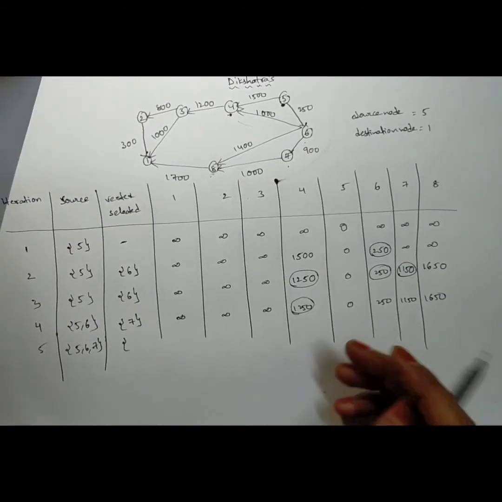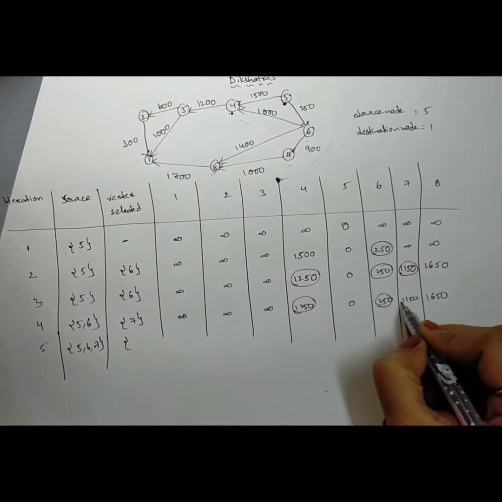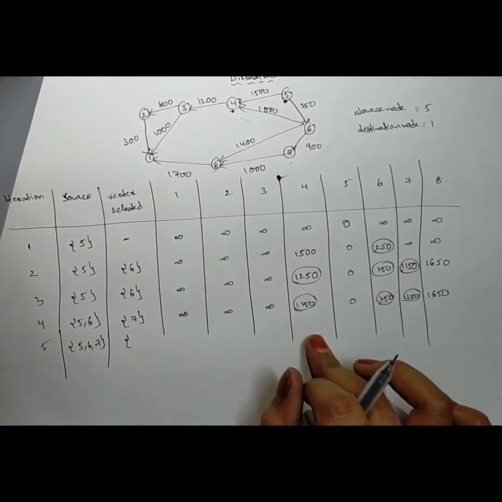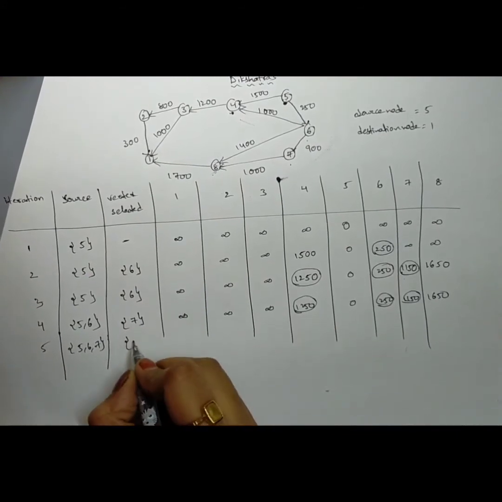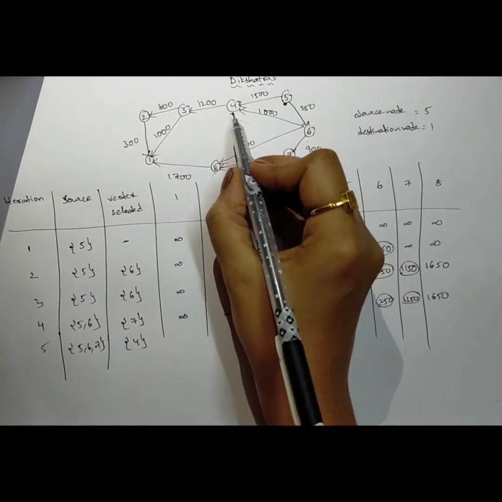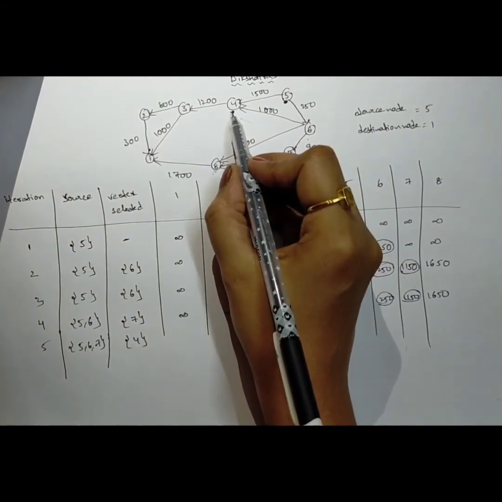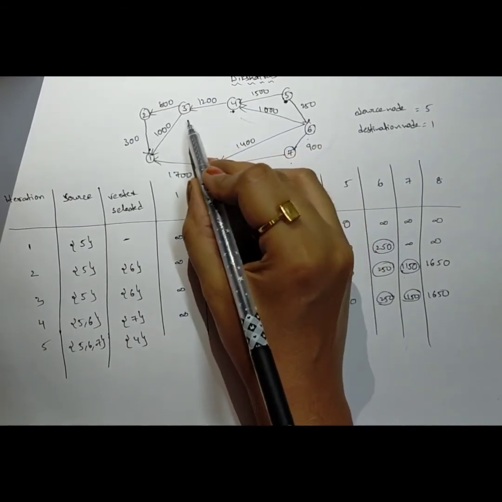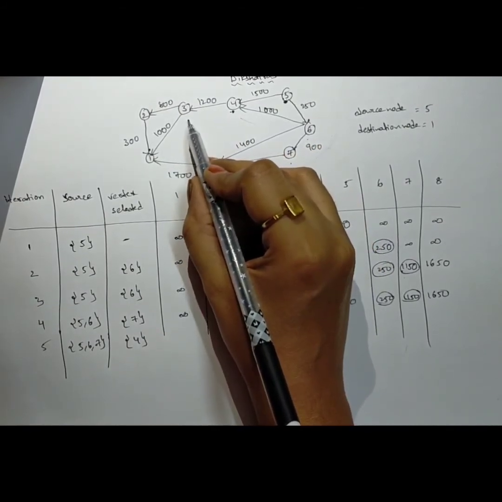Now let us check the smallest of these two values, 1650 and 1250. The smallest value is 1250, so I am selecting the vertex 4 here for moving forward. Now you need to check the edges which are directly connected to vertex 4. Here we have only one edge, 4 to 3 with a distance 1200.